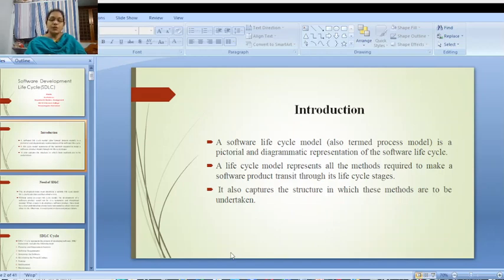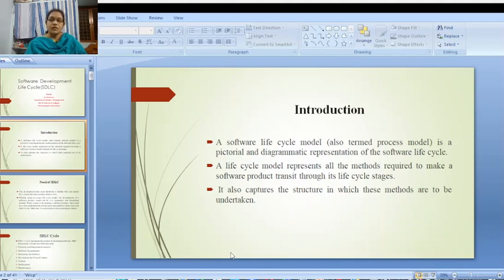It also captures the structure in which these methods are to be undertaken. In other words, a life cycle model maps the various activities performed on a software product from its inception to the retirement of that product.